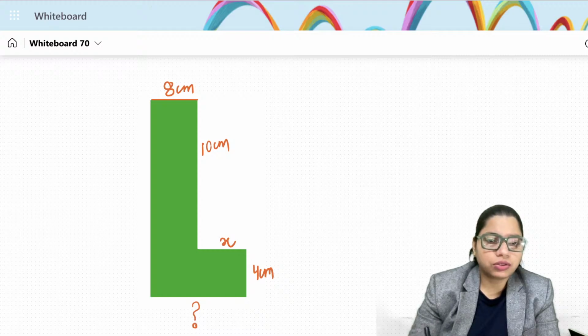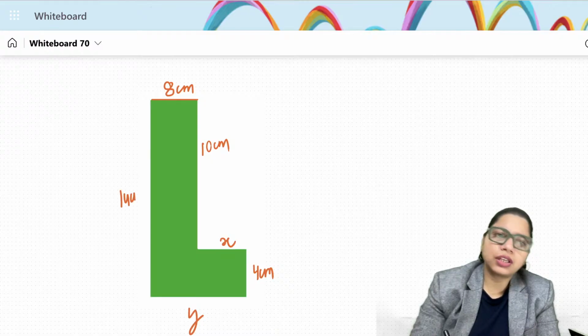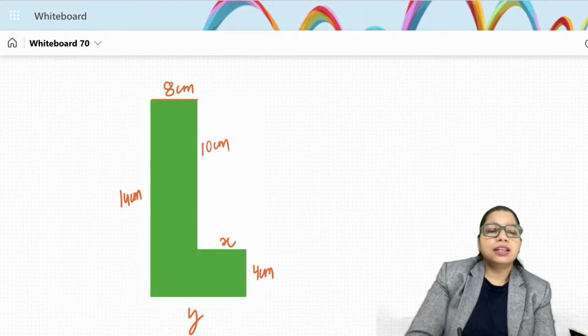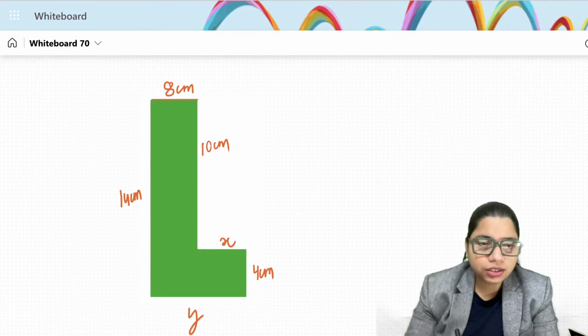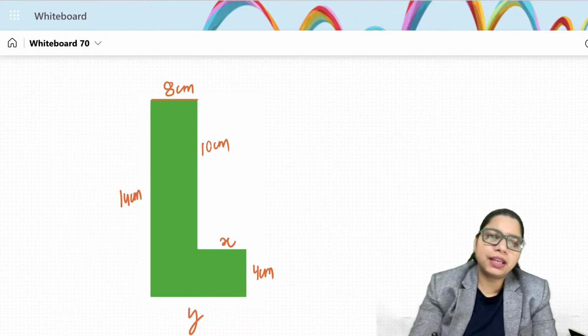That also is unknown, maybe y. And this is 14 centimeters. Okay, right? And we have to find out the unknown sides, x and y, when the perimeter is given to us.